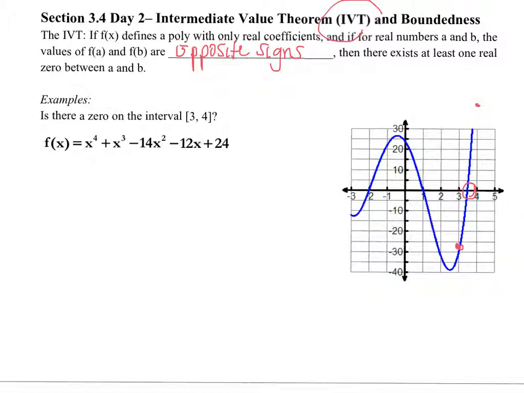The way that we would prove this algebraically is we would find f of 3 and f of 4. Now, we learned in last chapter that if we wanted to find a y value, we could use synthetic division and plug in the given x values. So first we're going to plug in the x value of 3.